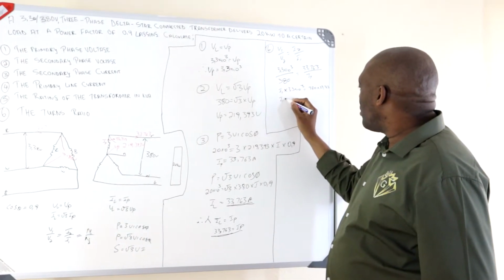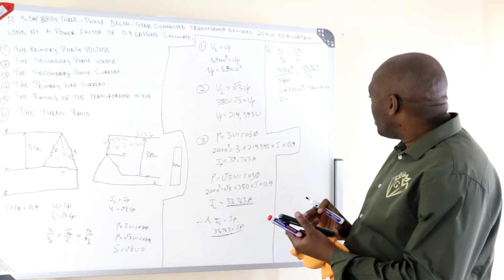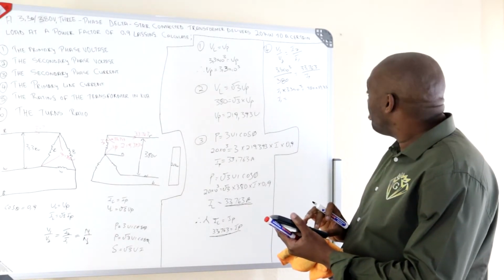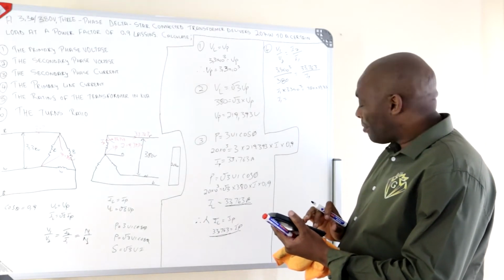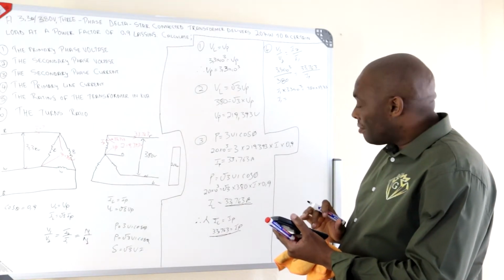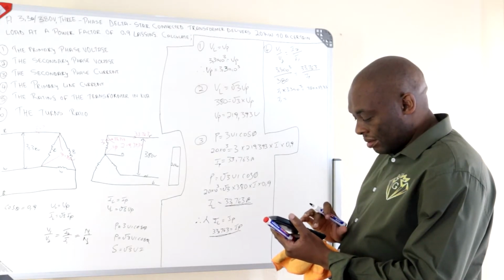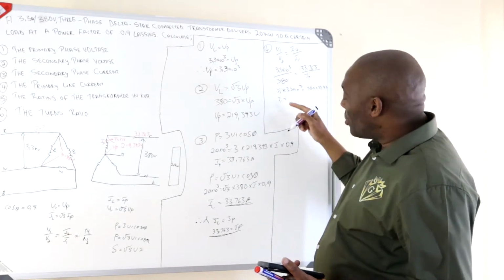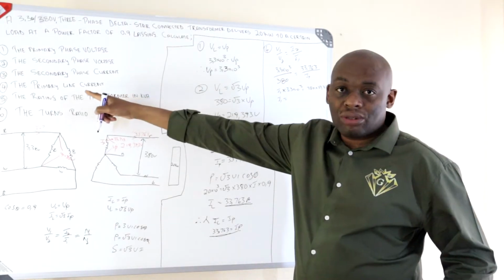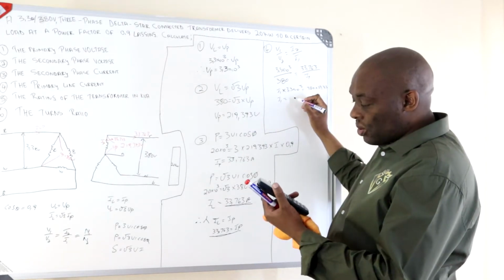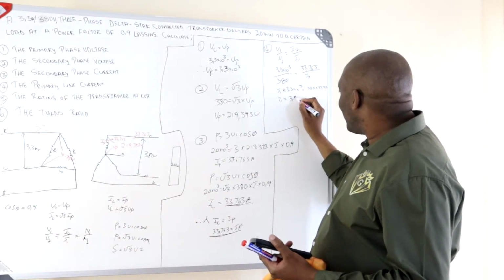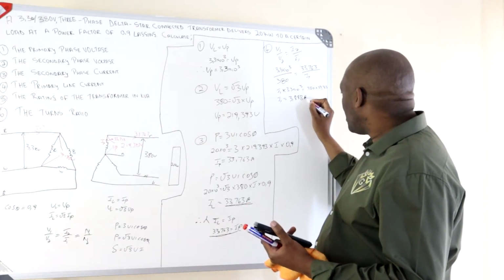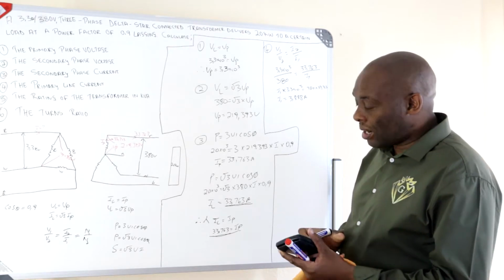Therefore, let's check what will be the value of I1. The value of I1, which is our line current and that's what we are looking for, will be 3,887.888 amps. That's the value of our line current.